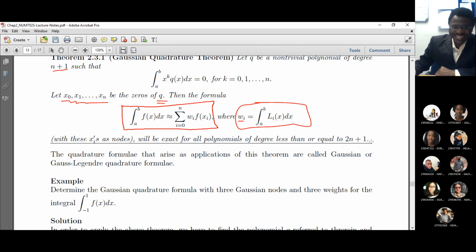So in this case, we can draw the conclusion that the degree of precision is strictly greater than the number of function evaluations. Because here you have 2n plus 1, whereas here the maximum is n plus 1.